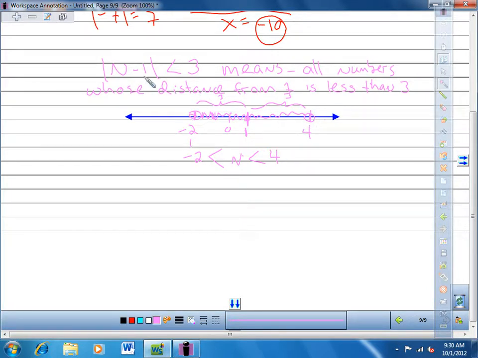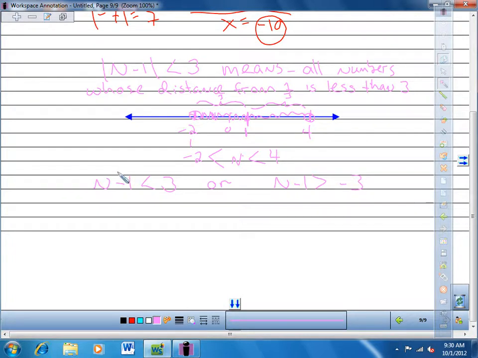Now, the way that you solve this is you break it into 2 parts. So what you do is you say n minus 1 is less than 3. You just leave it alone. Or n minus 1 is greater than negative 3.